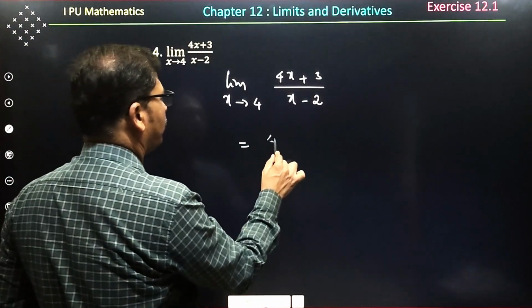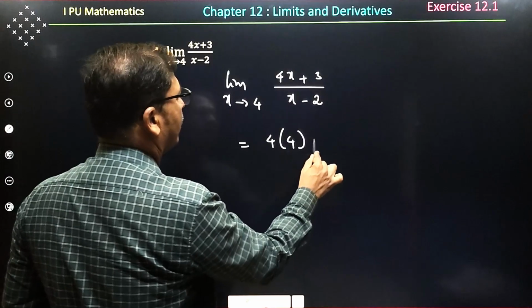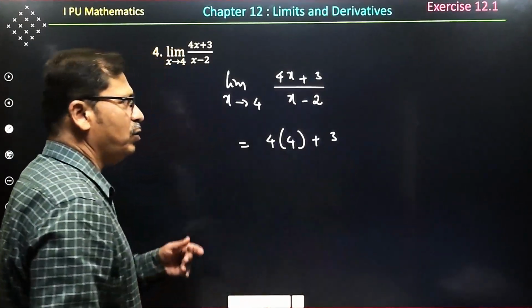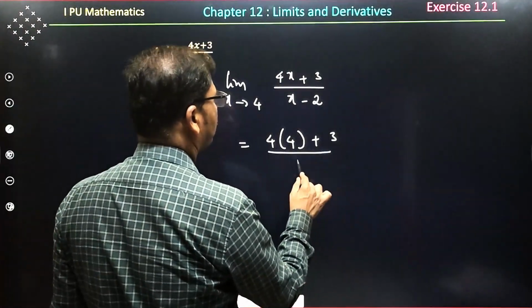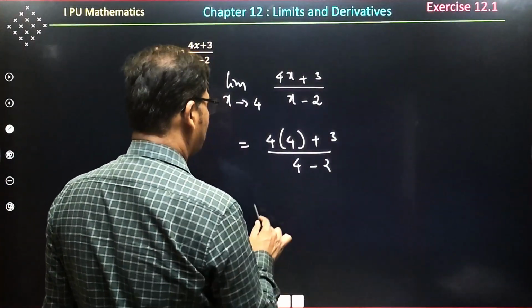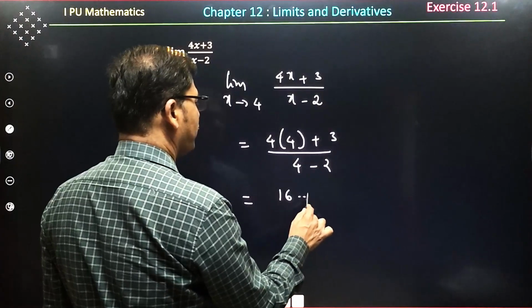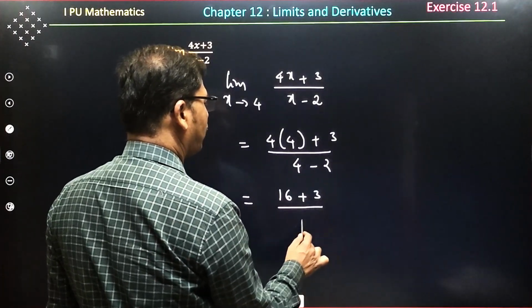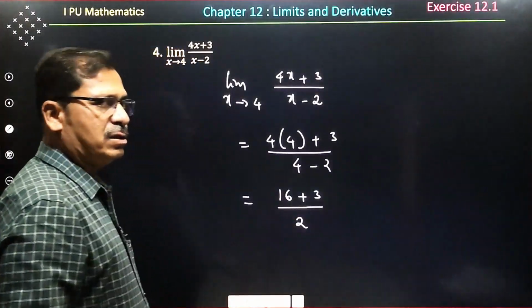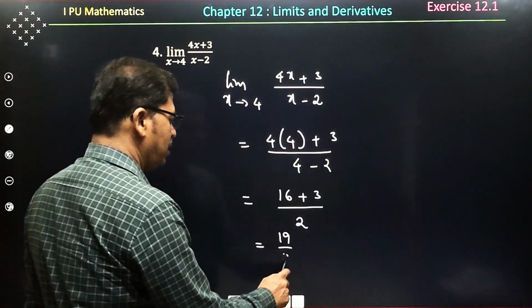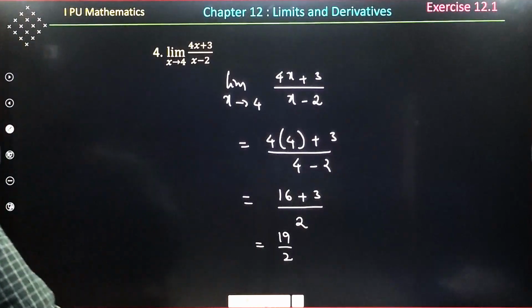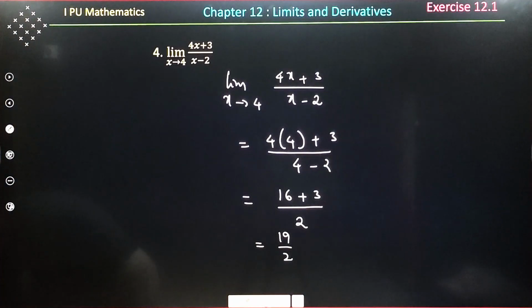So 4 into 4 plus 3, divided by 4 minus 2. 4 into 4 is 16. 16 plus 3 is 19, divided by 4 minus 2, which is 2. So the answer is 19 divided by 2. This is the answer for the fourth question. Now let us move to the next question.